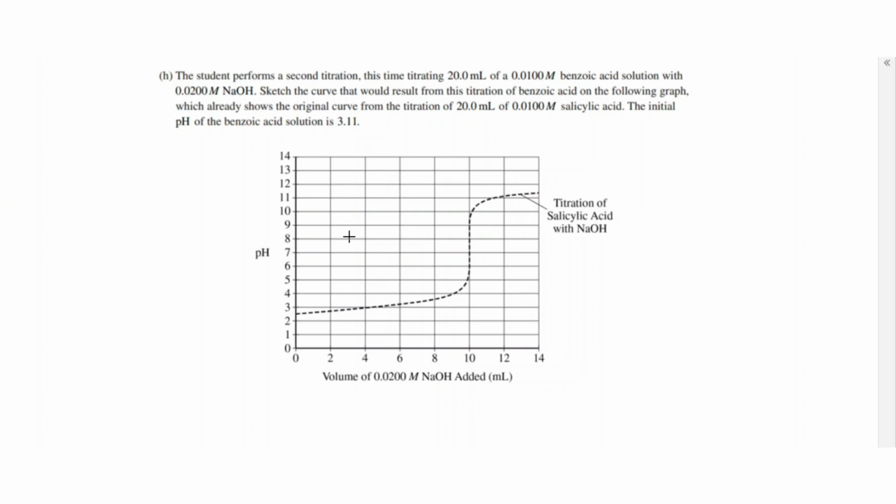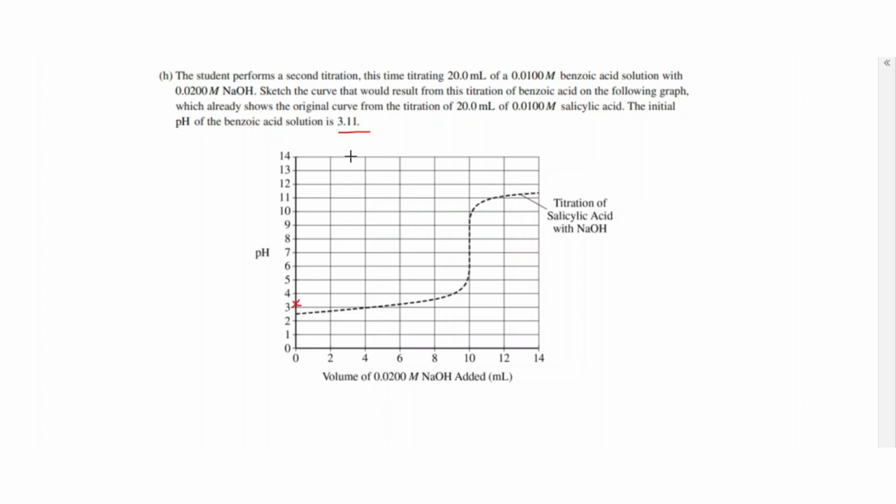Now we have arrived at the final part of the question, which is we are given again our salicylic acid titration curve, just to remind us, and it is telling us that we are performing a titration reaction with benzoic acid, and again we're performing it with NaOH. So it gives us our initial pH is 3.11, so let's just mark that somewhere here.